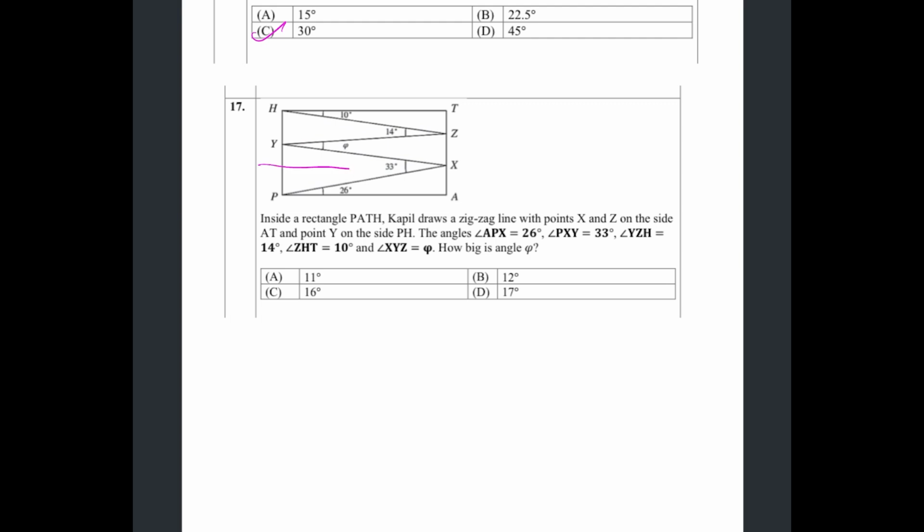So we can draw a few parallel lines ourselves like this, passing through x, y and z. So this angle here will be 10, so this small angle here will be 4 degrees. Okay, let's actually zoom this in, because it doesn't seem very clear.